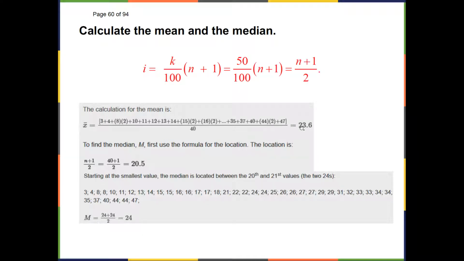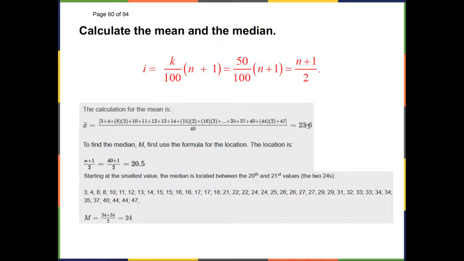That gets us 23.6. Then for the median, which is n plus 1 over 2, there are 40 data points, plus 1, divided by 2 gives us 20.5. That would mean the value between the 20th and the 21st, and that would be these two 24s. So the median is 24, the mean is 23.6.